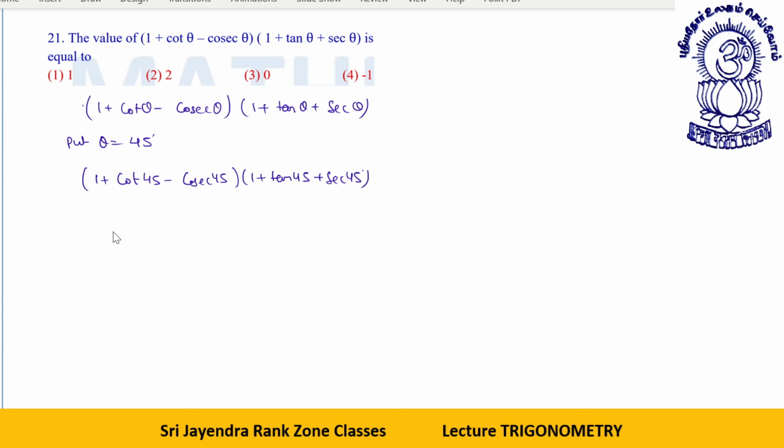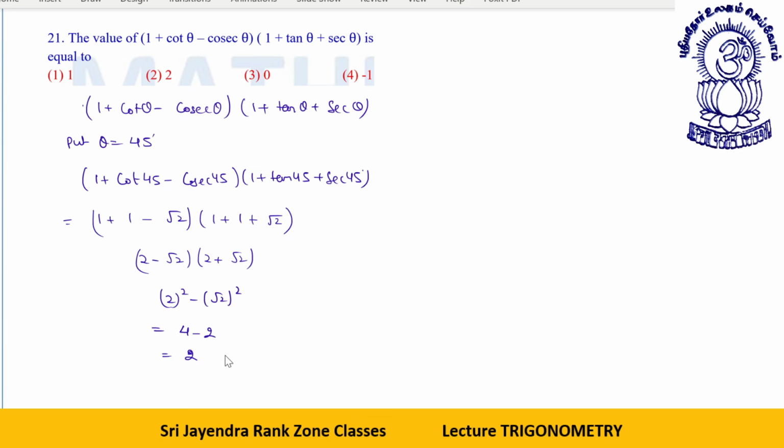This will give me nothing but 1 plus 1 minus root 2. Again 1 plus 1 plus root 2. So this is like 2 minus root 2, and this is 2 plus root 2. This is like 2 square minus root 2 square, or 4 minus 2, that is 2. Which is the answer? Option number 2 is your answer.